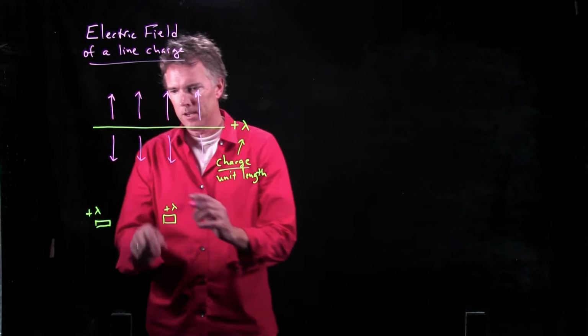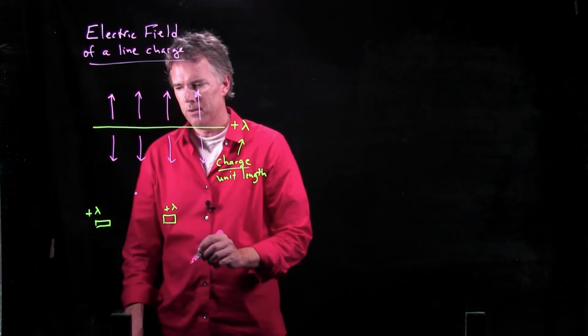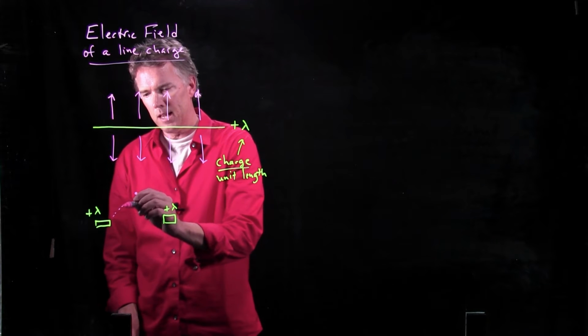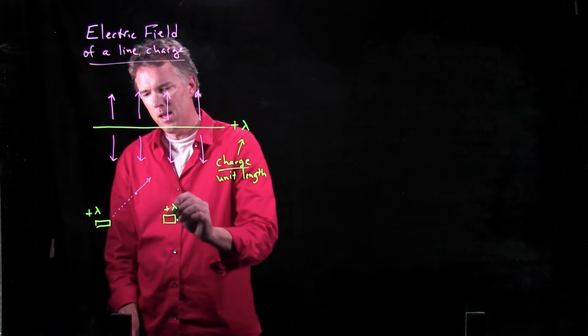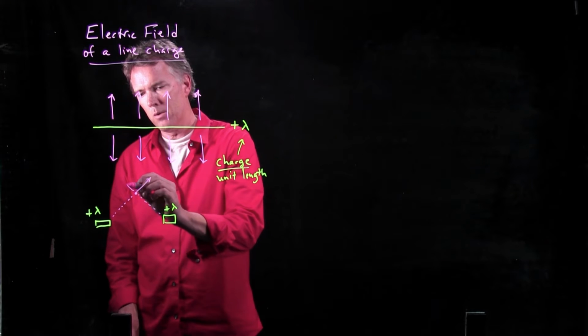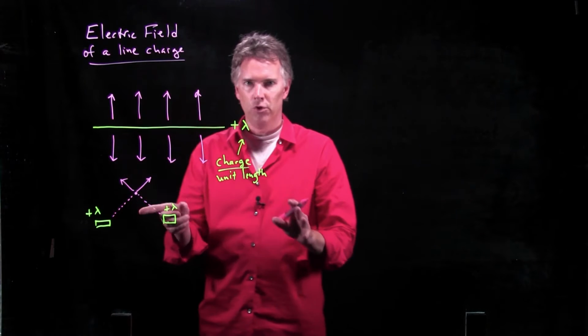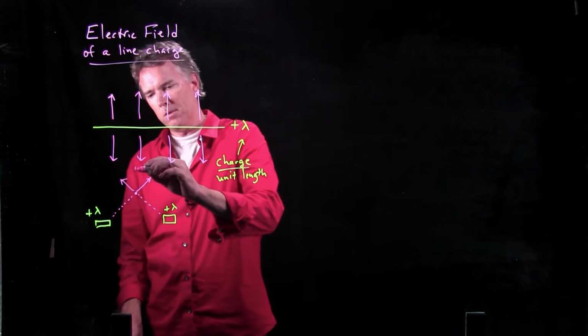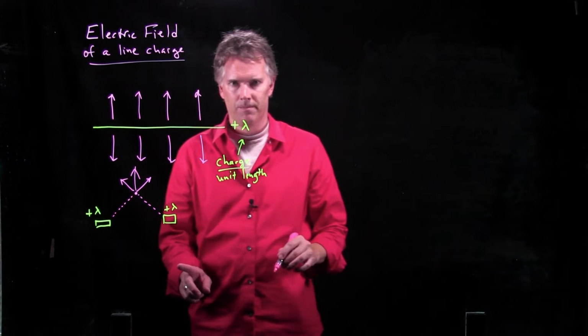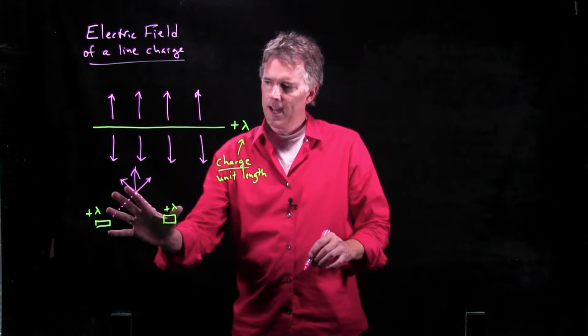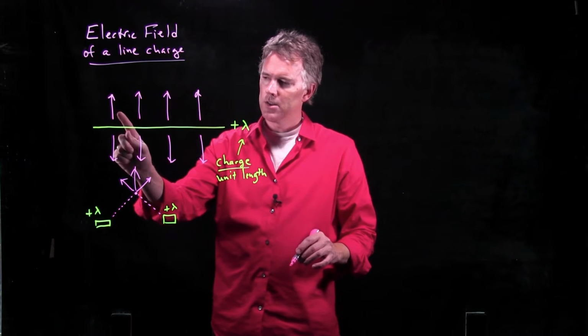And therefore, if I'm calculating the E field right here at this point, what would I get? I would get a little component going that way, and a little component going that way, and those two would add up to get me something perfectly vertical. So this is the idea with this infinitely long line charge.